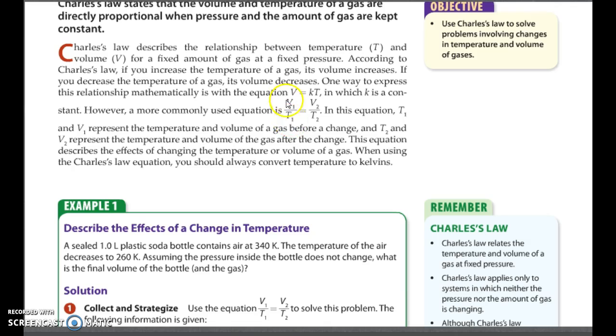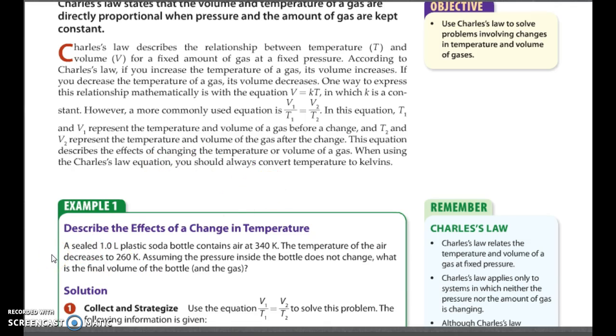So V1 and T1 being our original or before the change, V2, T2 being after the change. This equation describes the effects of changing the temperature or volume of a gas. When using Charles' law equation, you should always convert temperatures to Kelvin. How? Take your degrees Celsius and add 273.